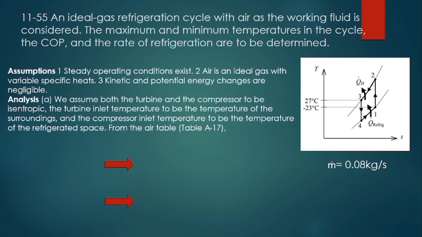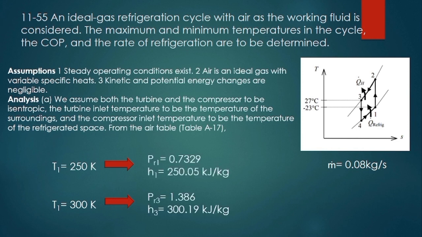From the air table, Table A-17, we have two temperatures, T1, which is 250 Kelvin, and T3, 300 Kelvin. So we're going to find their P sub R1 and enthalpy h1, and P sub R3 and enthalpy h3.